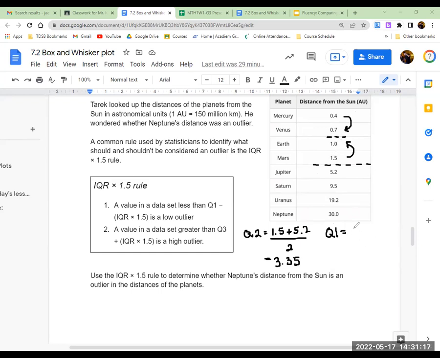Putting that into the calculator gives us 0.85. And lastly, Q3, 9.5 plus 19.2, divided by 2. I pre-calculated this: 14.35.